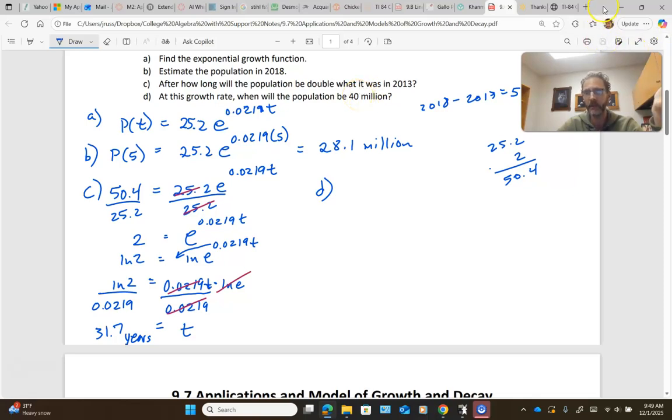Okay. So I'm going to take a function, set it equal to 40 million. Just recopy everything else. And you're going to solve it the exact same way. You're going to start out by dividing both sides by 25.2.